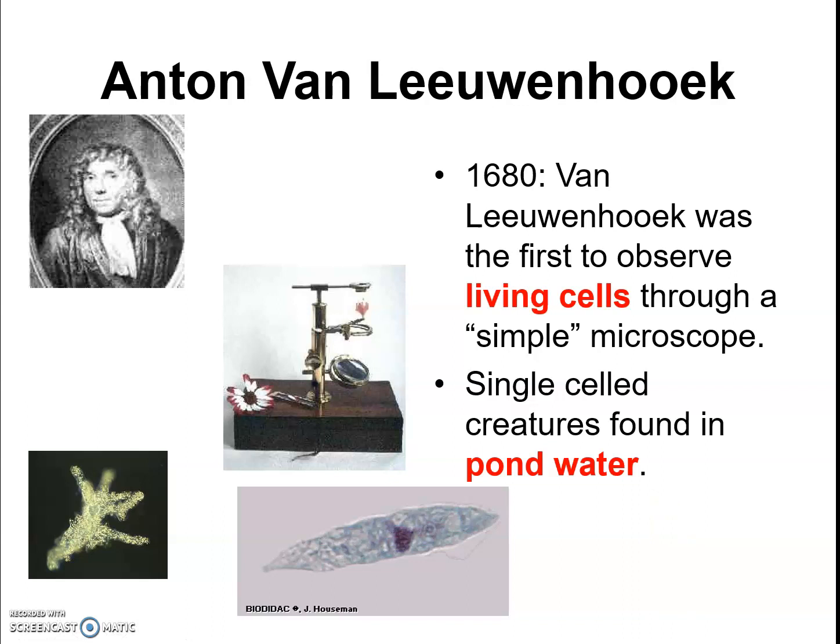Not knowing specifically what he was observing, it could have been amoeba or paramecium. In a lab that we will do, hopefully you will get to do what van Leeuwenhoek did, take some pond water samples and see what you can find within them. So van Leeuwenhoek was the first to observe living cells.